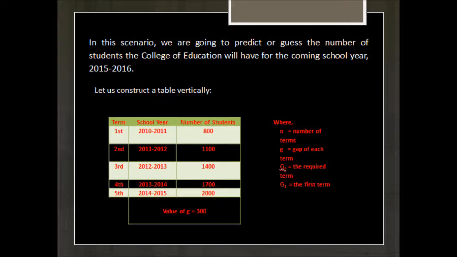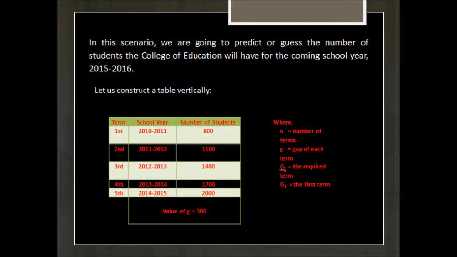To find the number of students for the second term, g sub 2 is equal to g sub 1 plus the quantity of 2 minus 1 times g. Substituting the value of g sub 1, we have 800, and the value of g, 300. So 800 plus the quantity of 2 minus 1 times 300, we have the second term 1100.